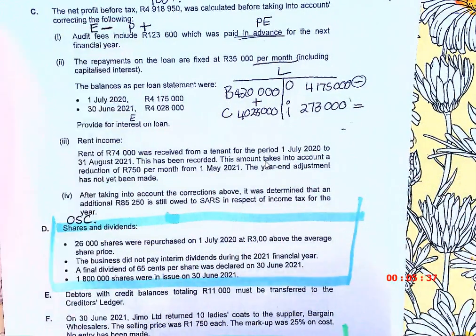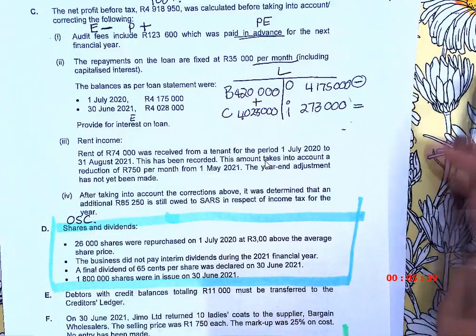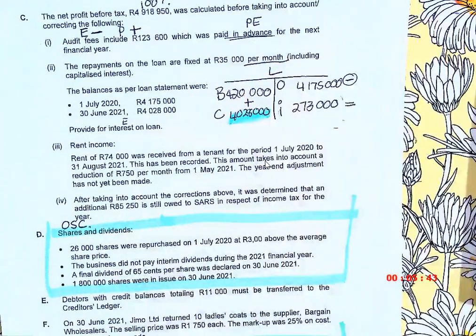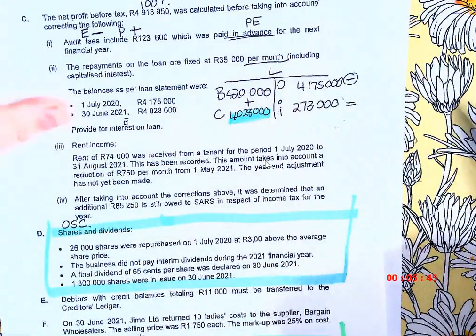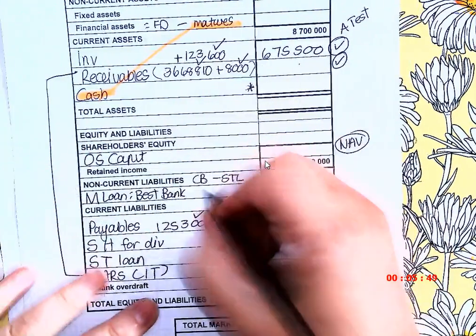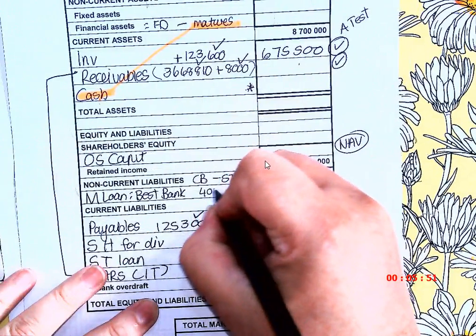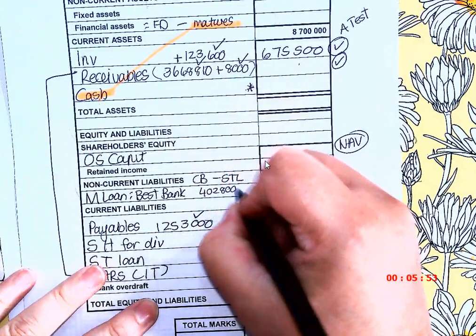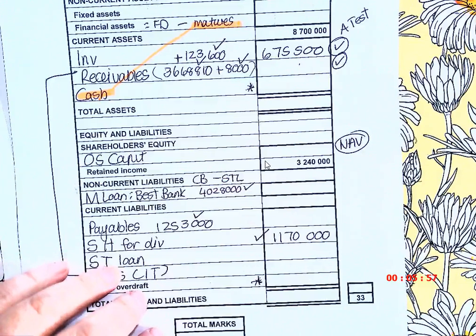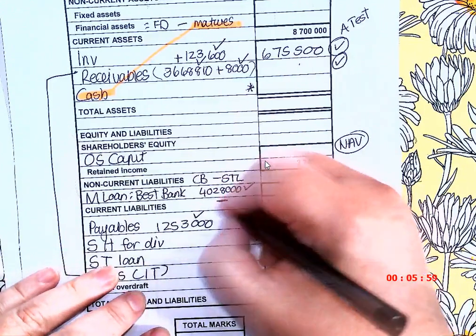So now, what is my closing balance? Now it's easy. This is my closing balance, the 4028. So if I wrote there 4028, I already got a tick. Now I need to subtract the short-term loan.